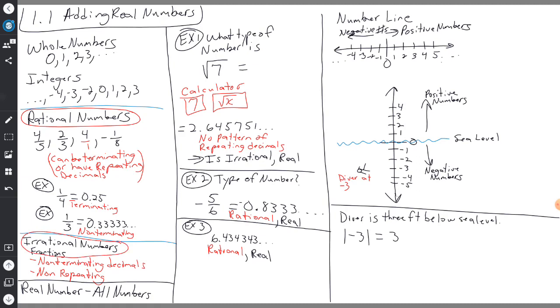Irrational numbers, on the other hand, are non-terminating decimals, like when we looked at 1/3. But the only thing is that irrational numbers cannot repeat the decimal number.